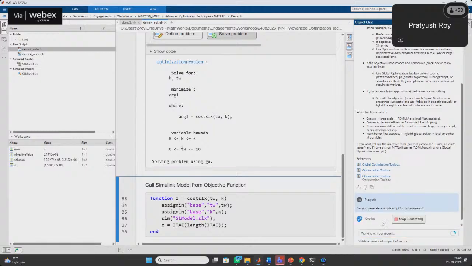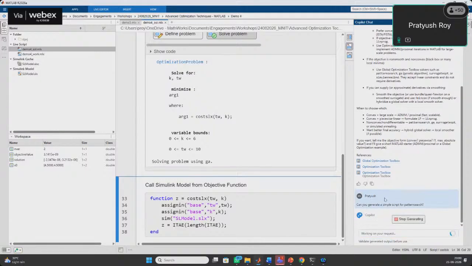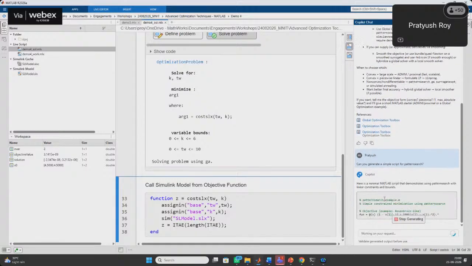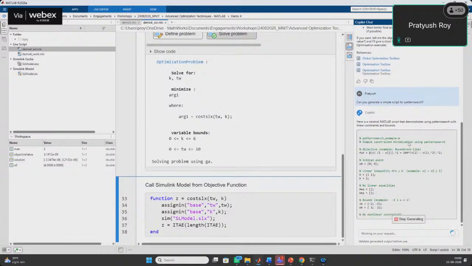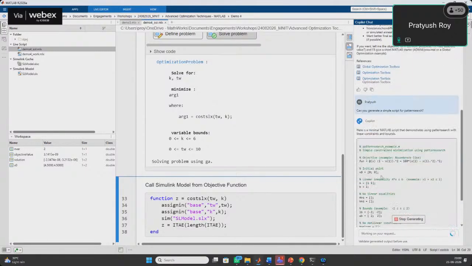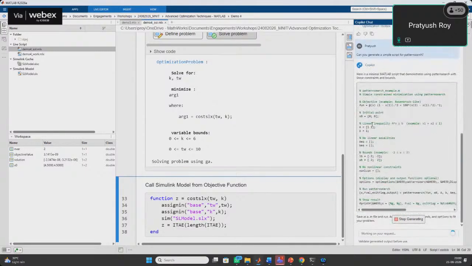It will think about it and generate a script for you. It has taken a very popular function, the Rosenbrock function. It has defined linear constraints. It does not have nonlinear constraints.